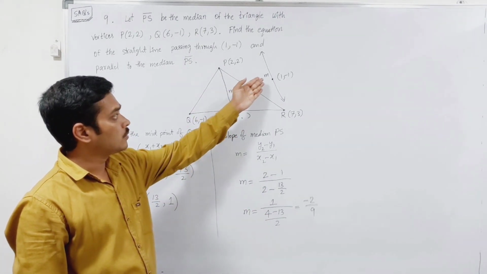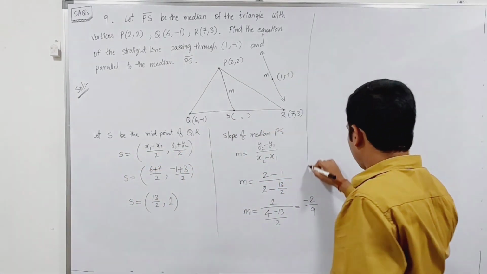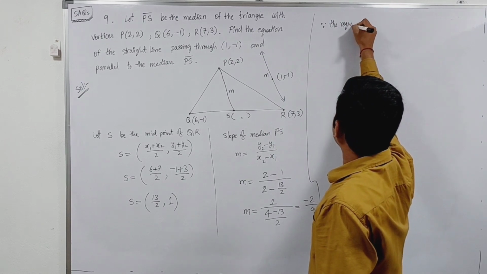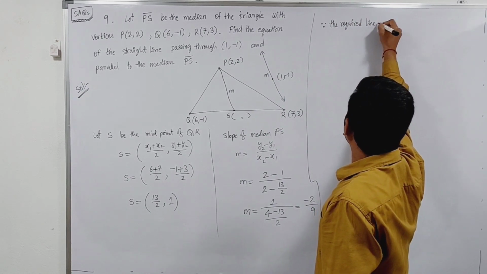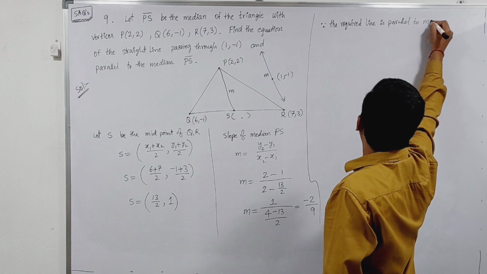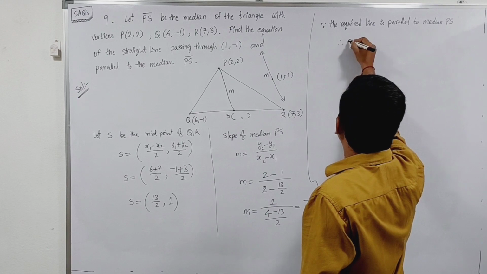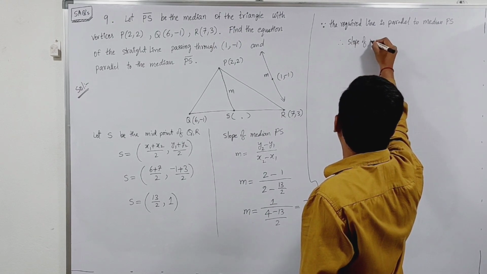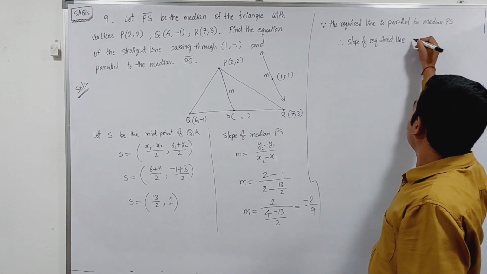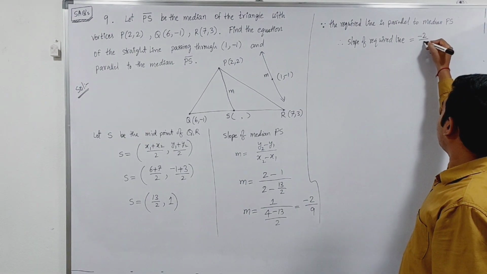This line is parallel to this line, which means the required line is parallel to median PS. Therefore, since the required line is parallel to median PS, the slope of the required line is equal to the slope of the median, that is minus 2 by 9.